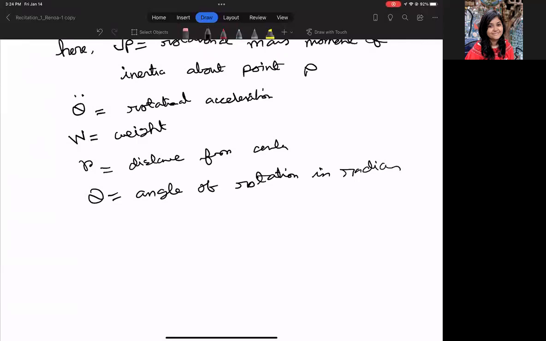Now we know that theta double dot, the rotational acceleration, is equal to minus omega squared theta.